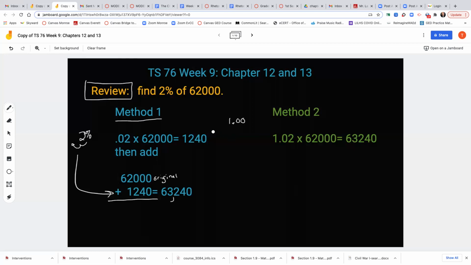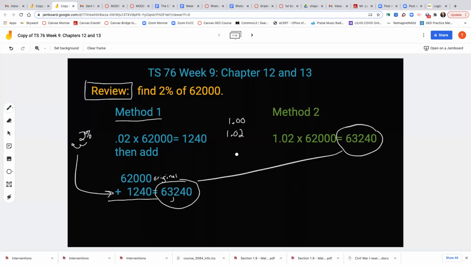So a 2% increase would be 1.02. That's 2% more than 100%. So if I had a 2% increase, that's like 102%. If I multiply 1.02 times my original in one step, you'll notice I got the same answer here. I got the same amount.